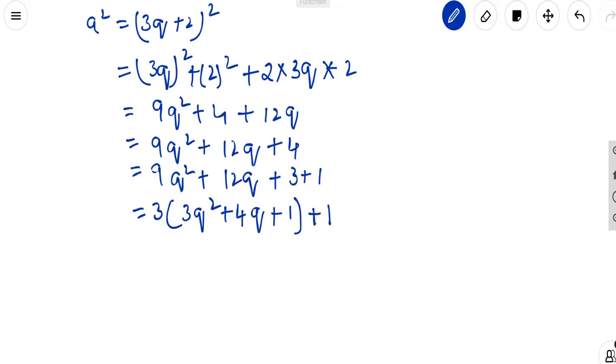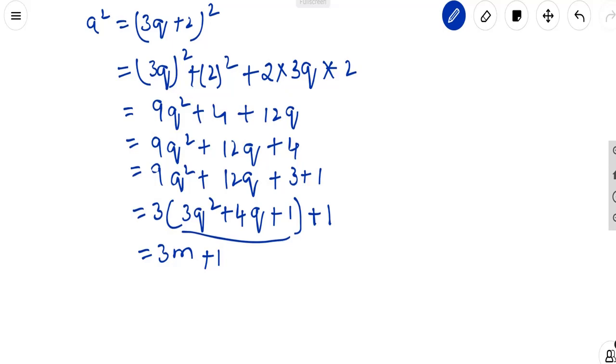I will write it outside the bracket. It is 1. So now this whole value I'm going to consider as m. So this becomes 3m plus 1.